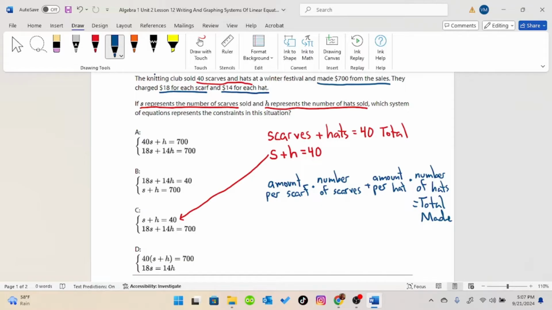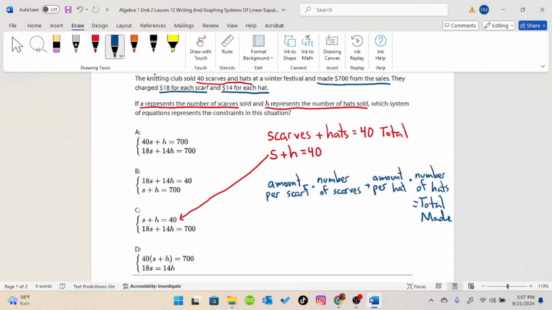So we're saying if we take the amount that was charged per scarf and multiply it times the number of scarves, that will give us the amount of money that was charged for scarves total. Then if we take the amount per hat times the number of hats, that is going to give us the total for hats. Then if we add the total amount of money made off of scarves and the total amount of money made off of hats, that is going to equal the overall total from the sales.